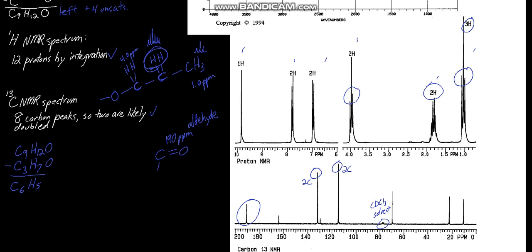An aldehyde should have an aldehyde hydrogen, characteristically 9 to 10 ppm, and sure enough, there it is. So with those two, we're pretty much certain that we have an aldehyde group.